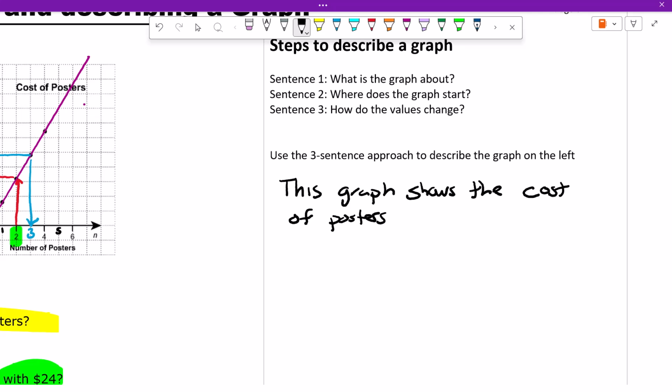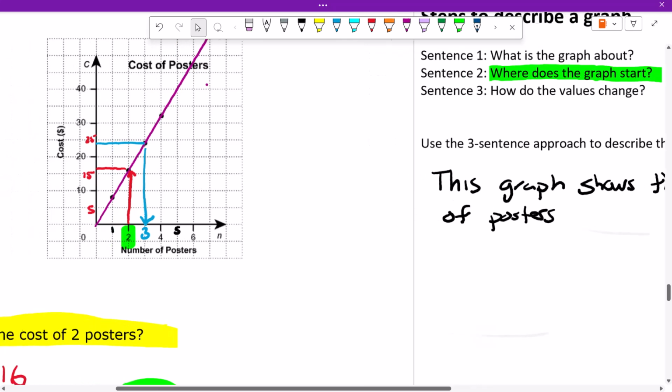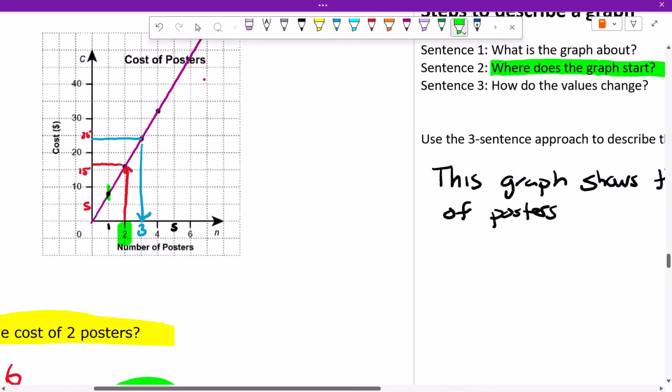So second sentence, all right? A key thing you need to tell people about the graph is where the graph starts. So that's your bottom left-hand point. It starts right here, right? So you say the graph starts at one poster costs, what are we going to guess here?